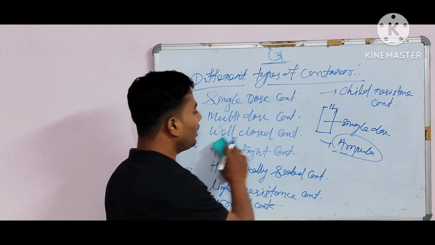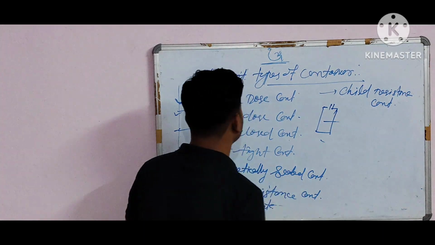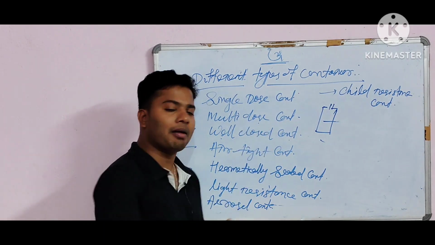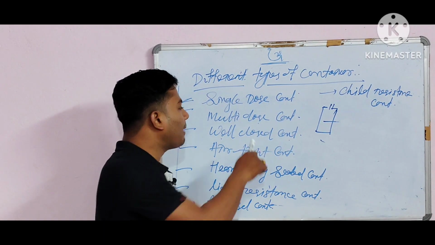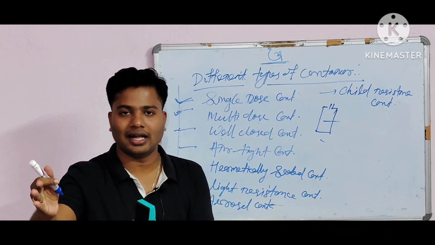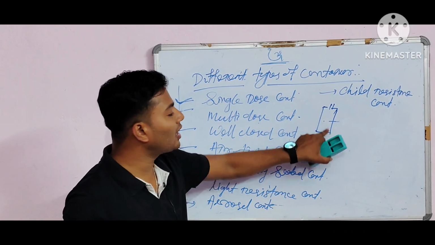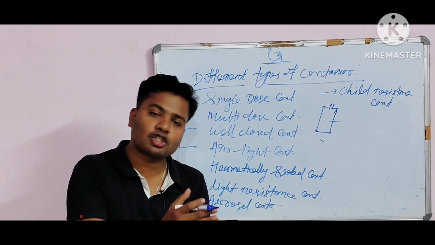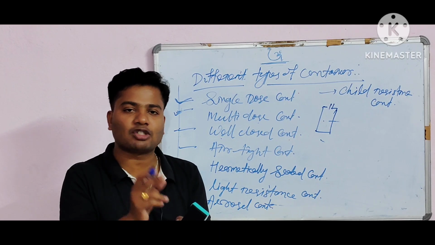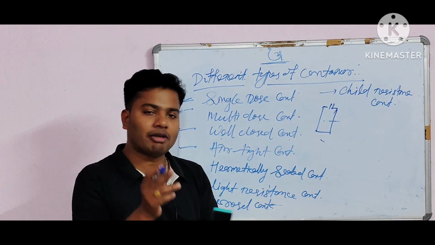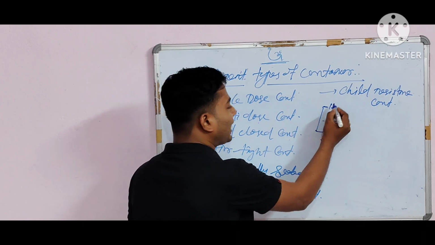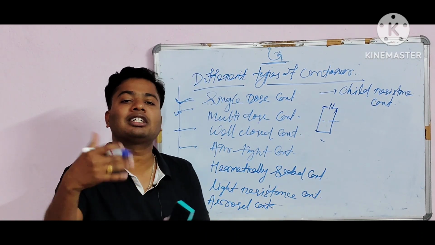Clear? Next one is the multi-dose container. According to this name, you can easily find out that such types of containers are used to supply multiple doses to the patient. That means such containers hold multiple doses, so you can easily administer, or take some samples or some dose from this container, at different time intervals.